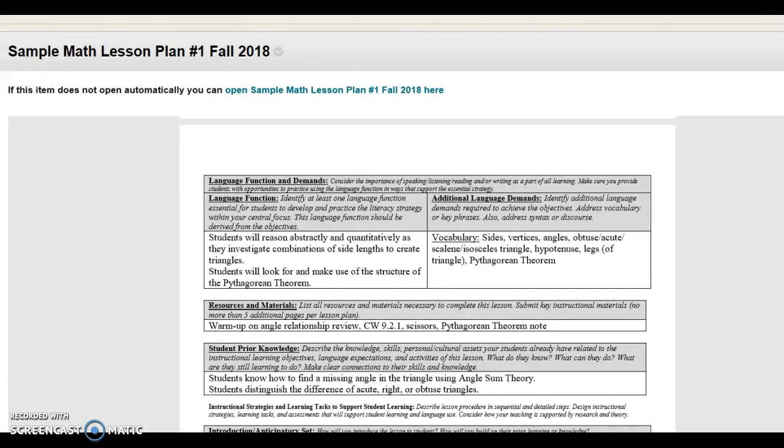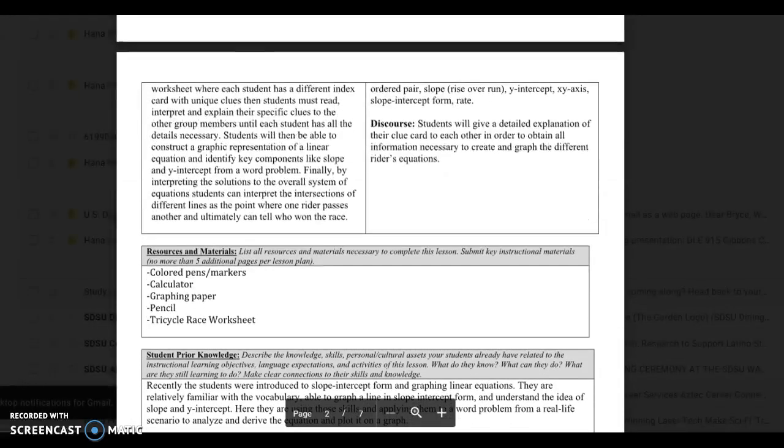As you can see here on the sample, it says students will reason abstractly and quantitatively as they investigate combinations of side lengths to create triangles, etc., which comes straight from the Common Core standards and the 5 strands of mathematical practices, which we follow with this new Common Core standard that we are using to teach our students. So we'll switch back to my lesson plan.